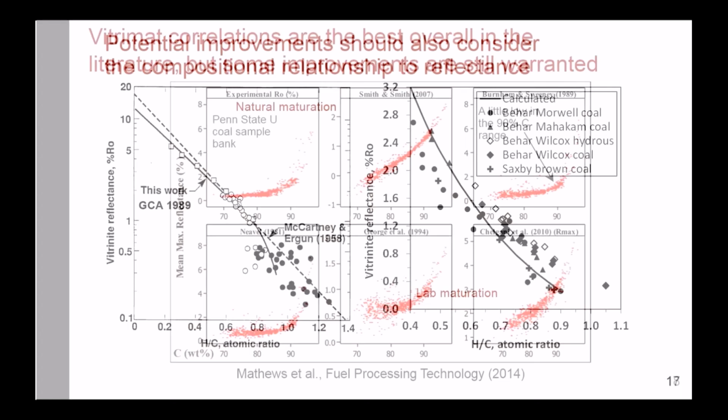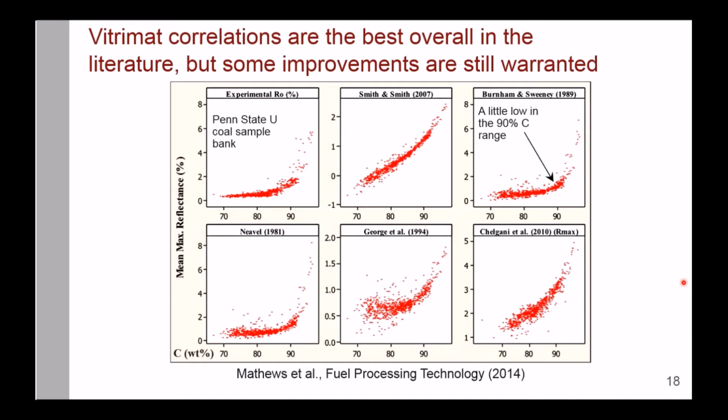There was a paper by Matthews et al. in 2014 that looked at various correlations between reflectance and weight % carbon. They mentioned that the correlation of Vitrimat seemed to be about the best. It's very similar to one by Nebel from Exxon.